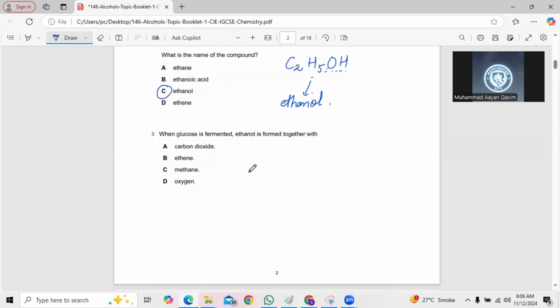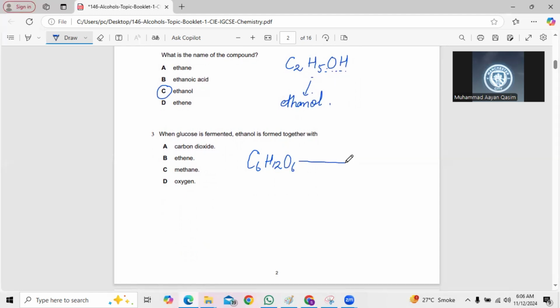When glucose is fermented, what's the formula of glucose? That's going to be C6H12O6.